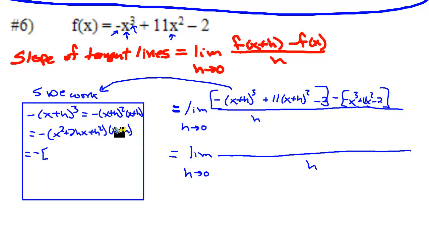I'm going to multiply this x times each of these three terms. So that's going to be x cubed plus 2hx squared plus h squared x. Now I'm going to multiply the h times each of these three terms.